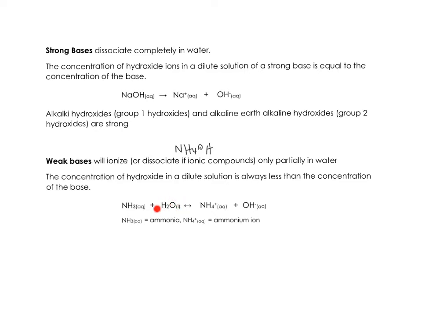The water acts as the acid because it donates the H plus to the ammonia. So that makes ammonia and ammonium conjugate acid-base partners, base and conjugate acid, and that means water and hydroxide are conjugate acid-base partners too. Acid, conjugate base.